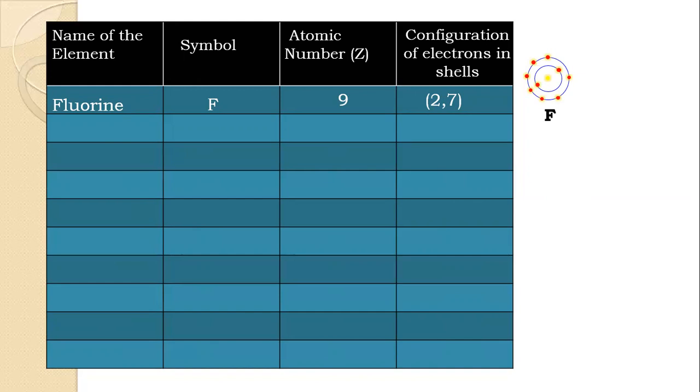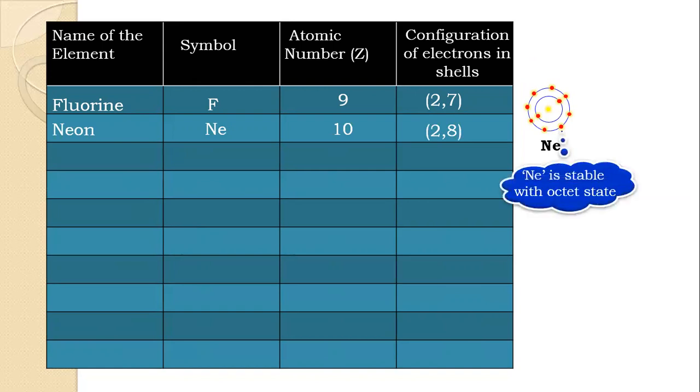Brilliant students, brilliant. Neon, atomic number 10, electronic configuration 2, 8. So will neon give, take or share? Obviously not. Neon's second shell is the last shell and it has completed its octet state. That is, neon is stable.